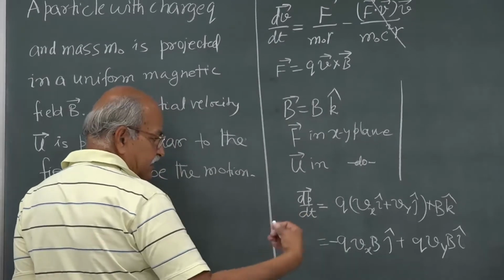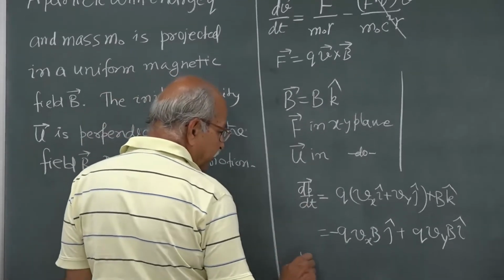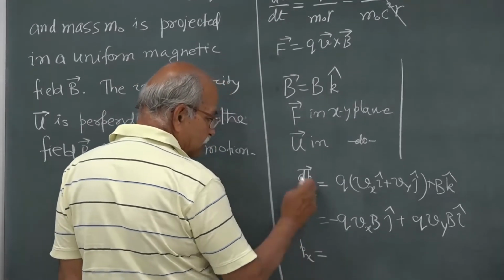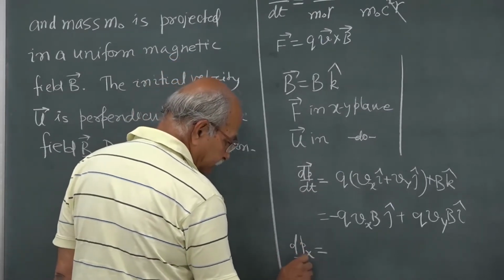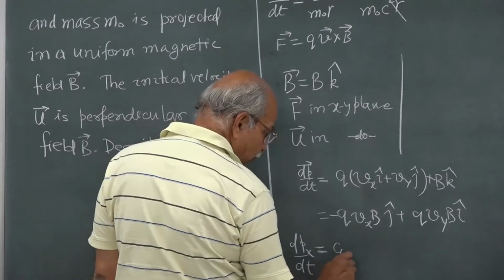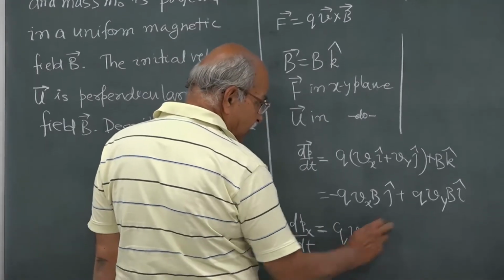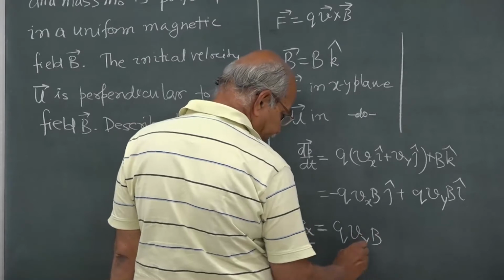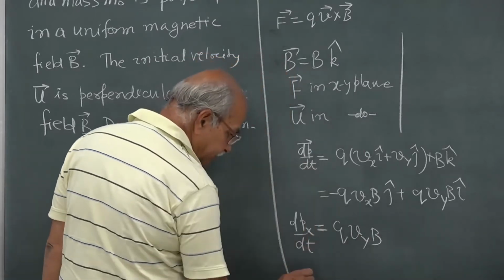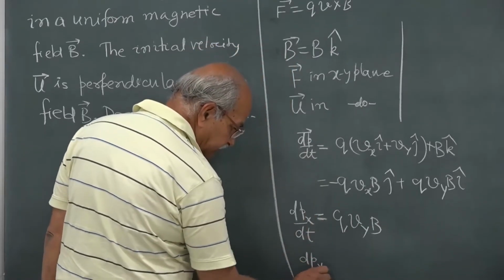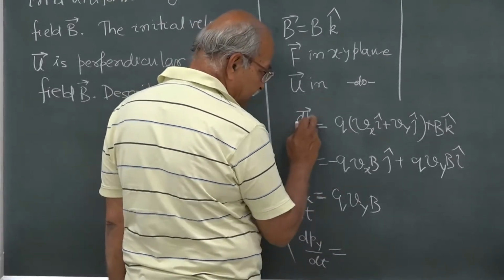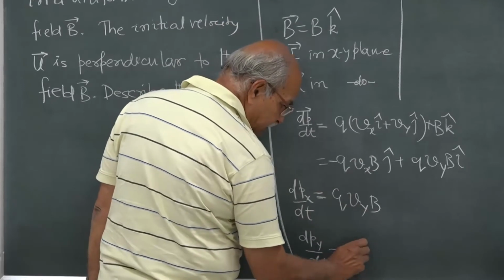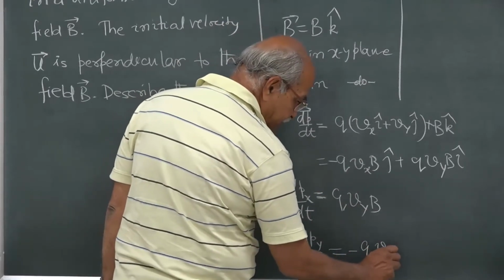So, if I take x and y components, dpx dt is equal to q Vy B, and dpy dt will be the j component, the y component, that is minus q Vx B.